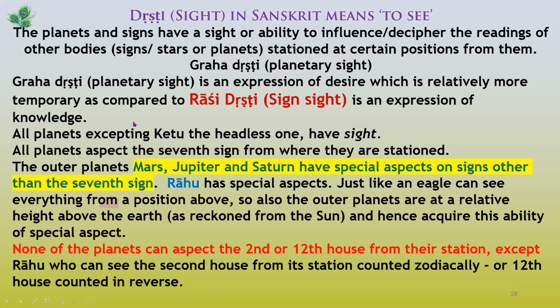So basically, the Graha Drishti is an expression of desire, which is relatively more temporary as compared to Rashi Drishti. Now we are making it two different things. One is the planetary Drishti, that is the Graha Drishti, which has everything to do with the planets. And the other has everything to do with the Rashis, that is the signs. That means the zodiac signs or the Rashis also have their own sight, their own expression of knowledge and what they are looking at.